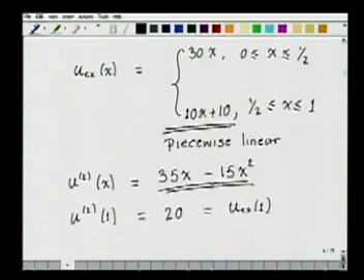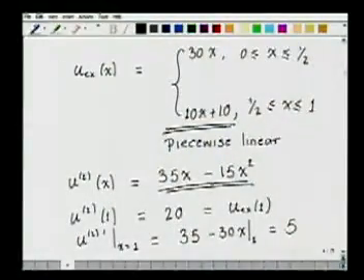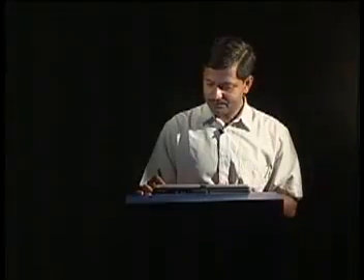The answer is no. Look at the derivative of this solution. u2 prime evaluated at x equal to 1 will be equal to 35 minus 30x evaluated at 1, which is equal to 5. What is the derivative of the exact solution? The derivative of the exact solution is 10.